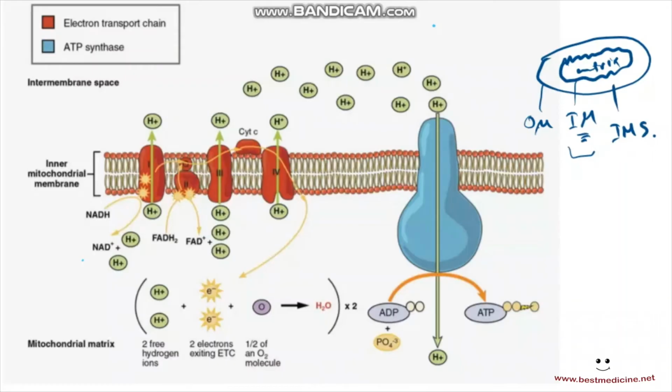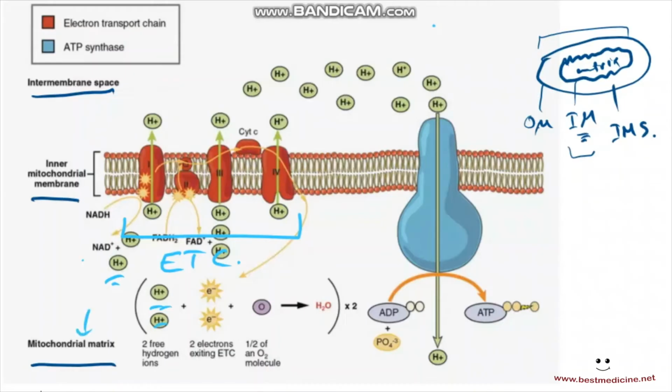So a portion of a mitochondria is shown in this diagram here. What's shown here is an intermembrane space, the inner mitochondrial membrane, and the mitochondrial matrix. Now in this diagram, we immediately see that there is an electron transport chain shown here, and what this ETC, electron transport chain, is doing is pumping protons that are present inside the matrix into the intermembrane space.